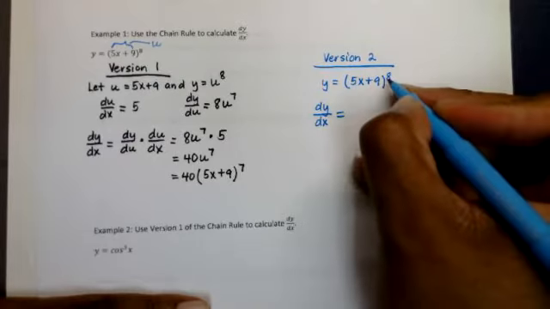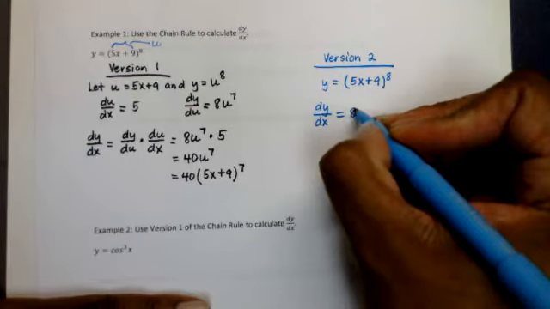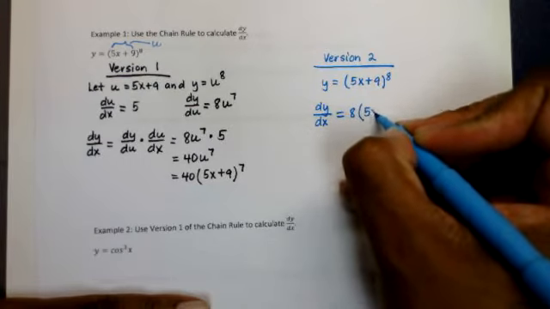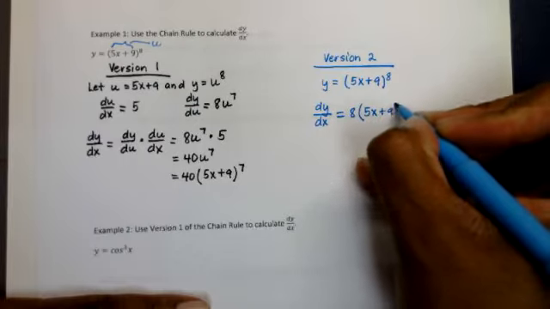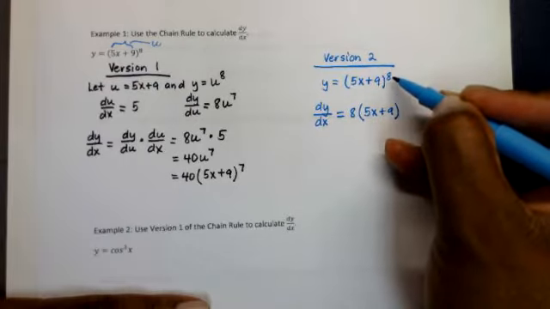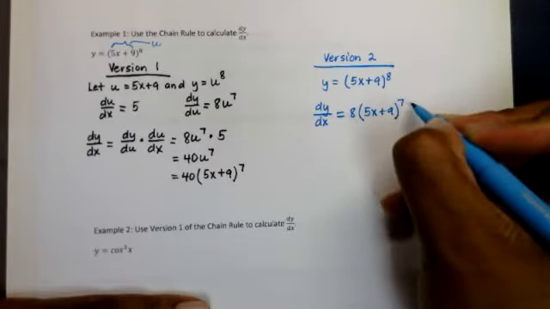Here we bring down the exponent of 8 in front of the parentheses, copy over the expression 5x plus 9, and then that 8 will be reduced by 1. It's going to be to the 1 less power. So 8 minus 1 will be 7.